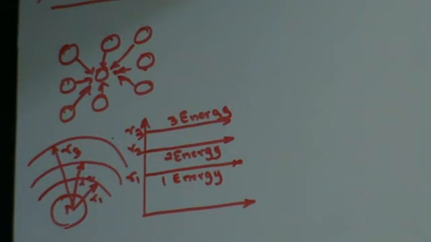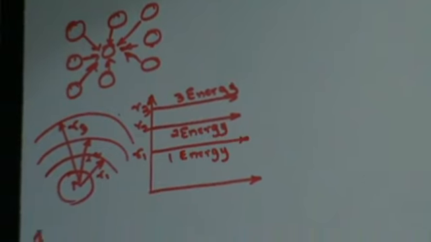In a crystal lattice, due to the interacting forces of the adjoining atom, instead of having energy levels, you are going to have energy bands. Instead of just a single energy, there are going to be a range of energies present at a distance of R1.